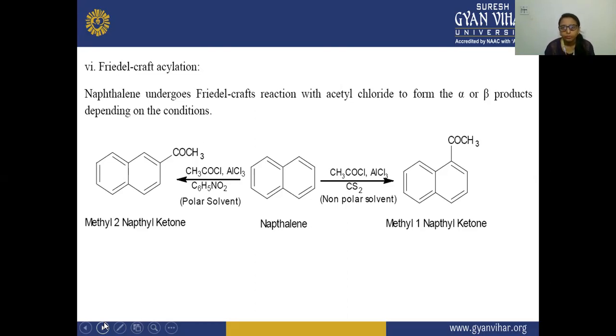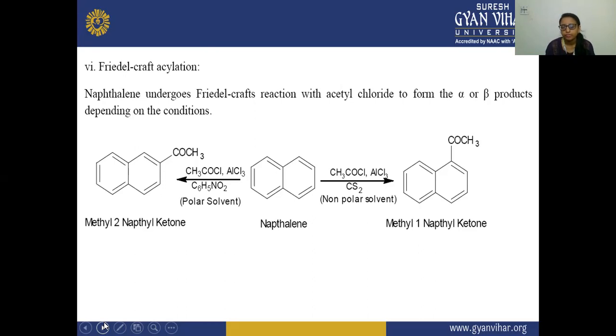So one product is the alpha and the second is the beta. This is methyl 2-naphthyl ketone. In the second reaction, naphthalene reacts with acetyl chloride in the presence of the catalyst aluminum chloride, AlCl3, and in the presence of carbon disulfide.